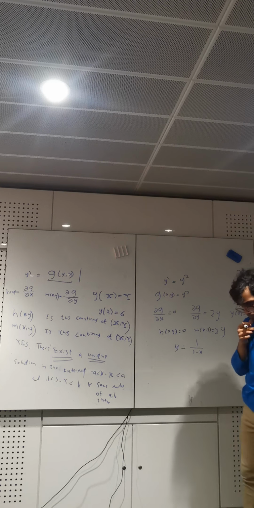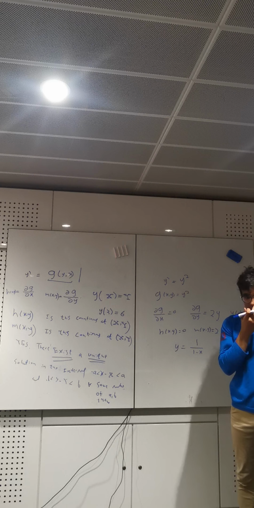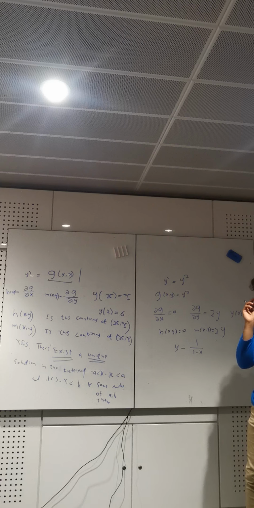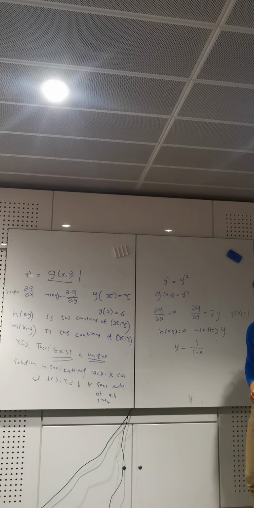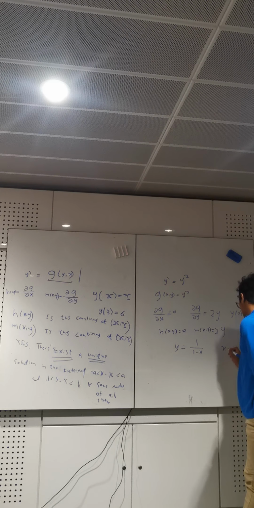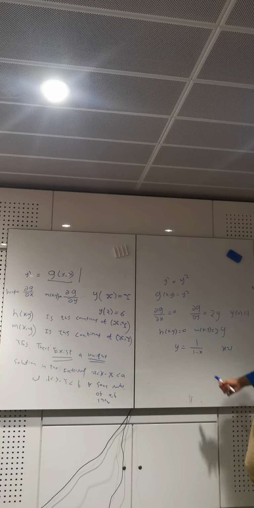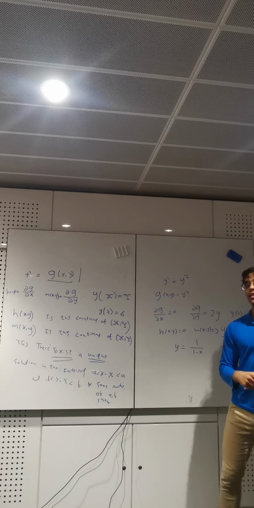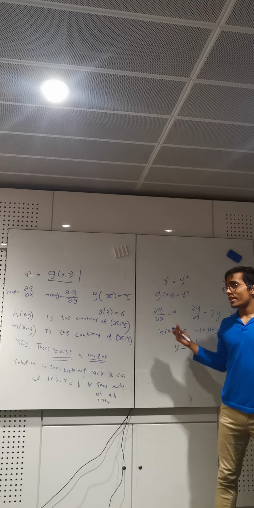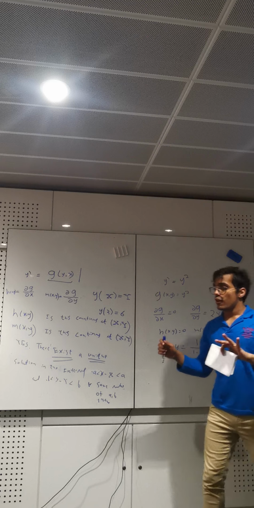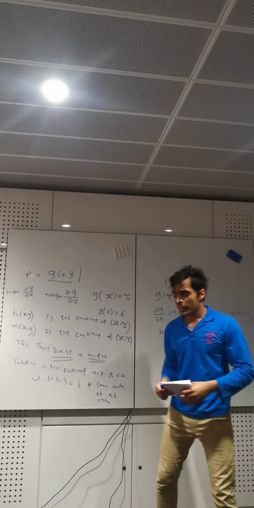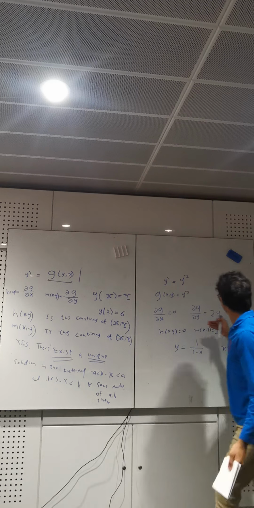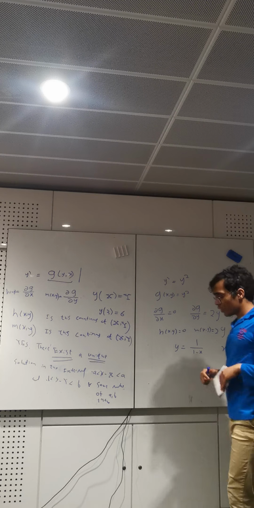Let us see if it's actually a solution for all values of x. It's not, because if you put x equal to 0, you get that this thing will be 1 over 0, which is undefined. So we cannot say that this is a solution. The theorem guarantees the existence and uniqueness at x equal to 0, y equal to 1.